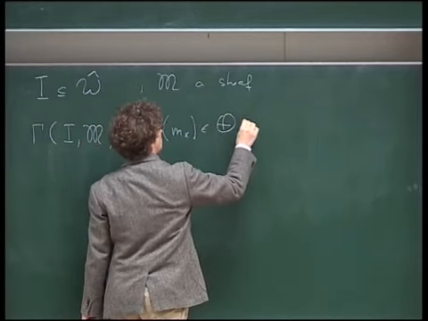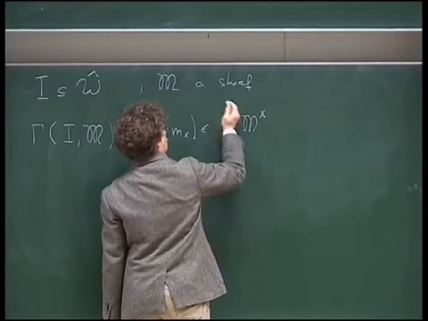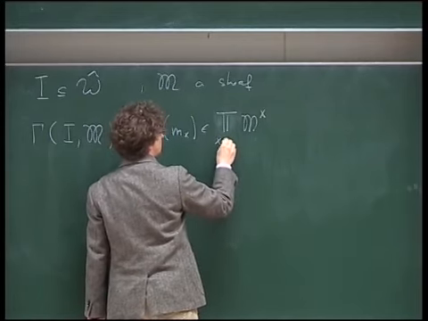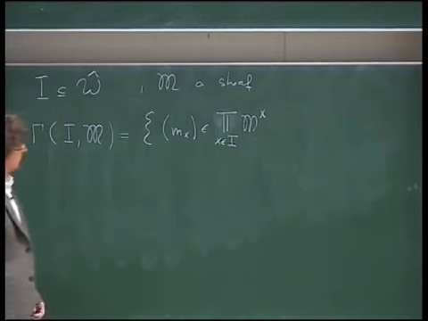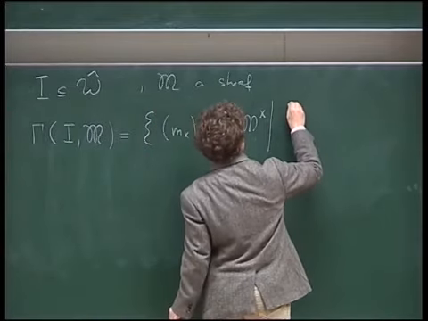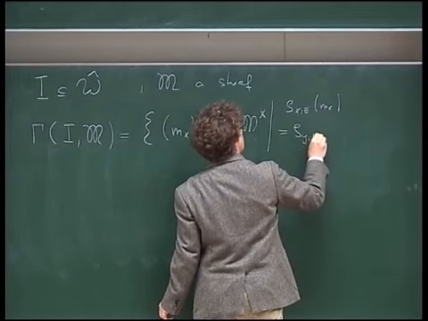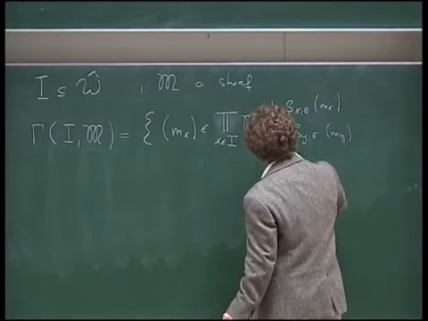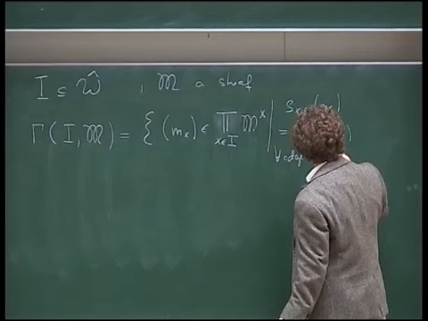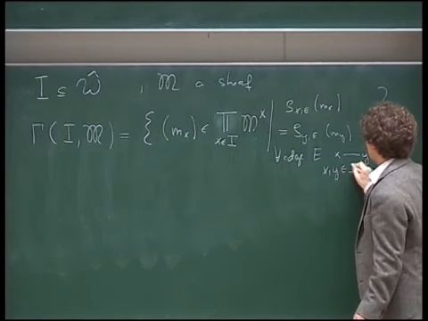We consider the tuples of elements in the direct product of these spaces sitting on the vertices in I, with the property that rho xe of mx equals rho ye of my for any edge E that connects x and y, where x and y are elements in I.